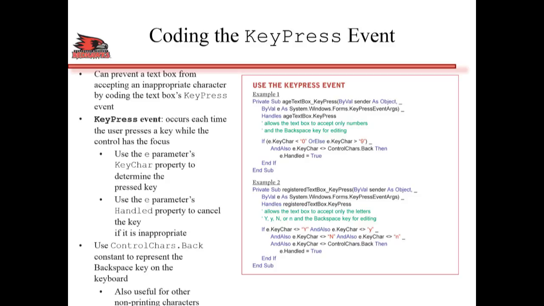So suppose e.keychar is less than, within quotes, 0 or it's greater than, within quotes, 9. Now here's the thing. Looking at this, you might think, okay, if the user input something which is negative or which is greater than 9, then this is true.